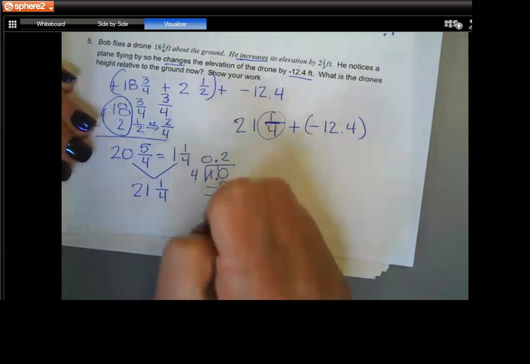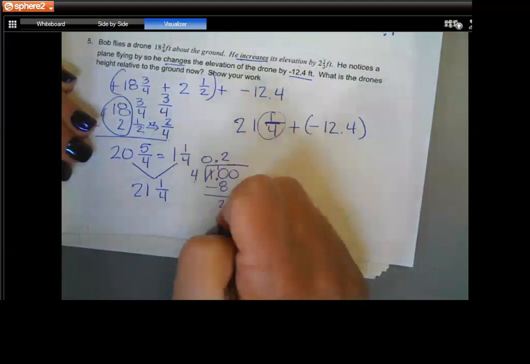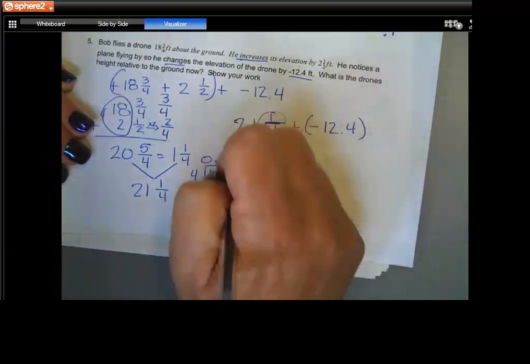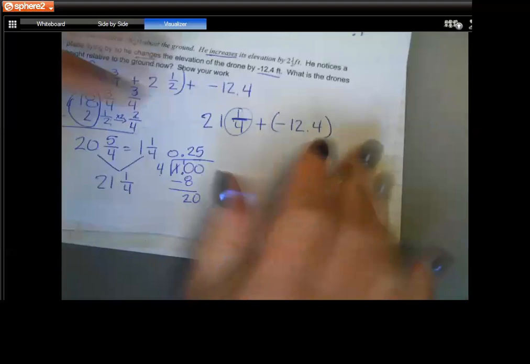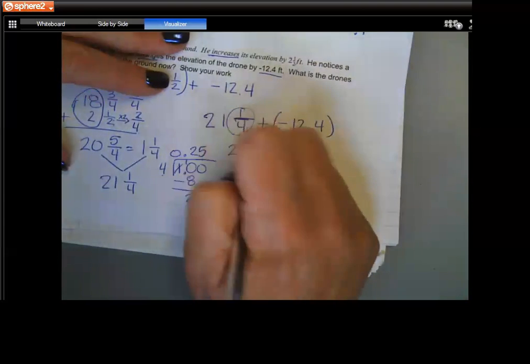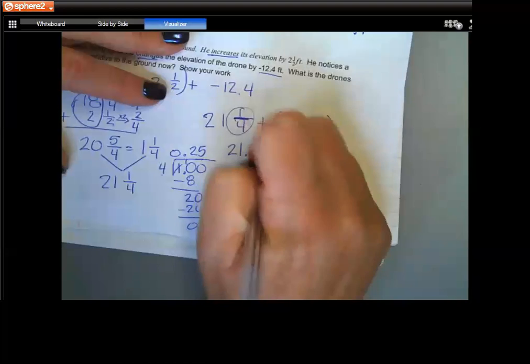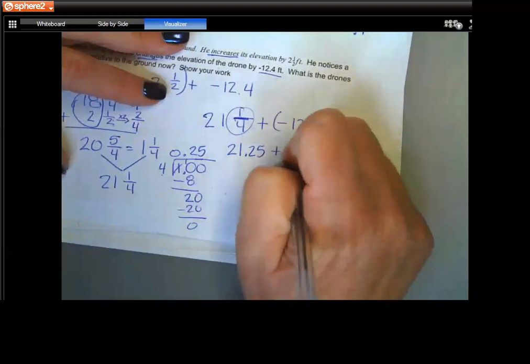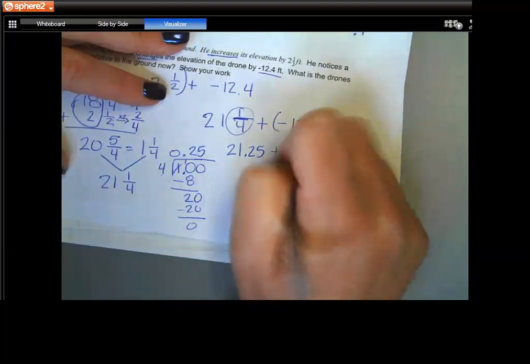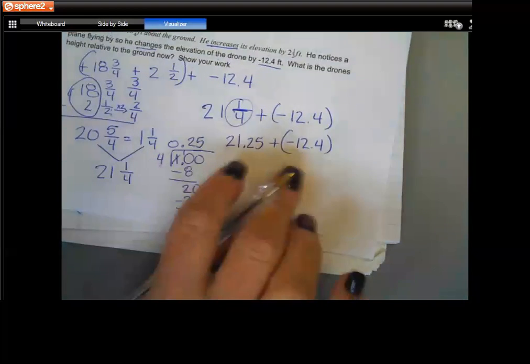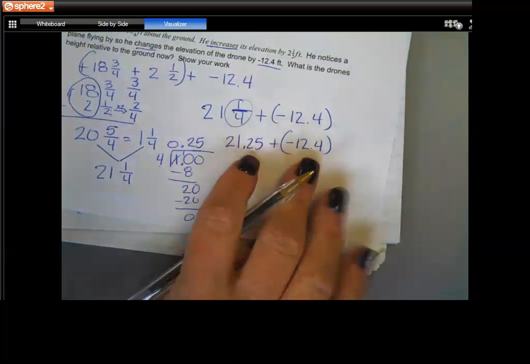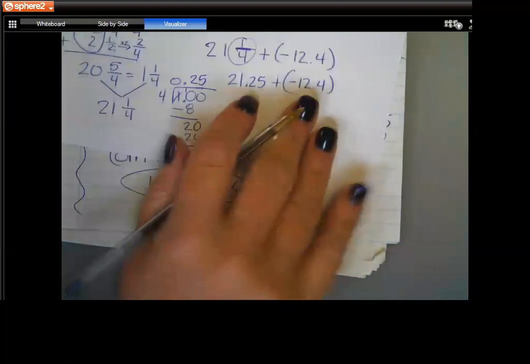Subtract, that's a 2, add another 0, bring it down. 4 goes into 20 5 times. So this is actually 21 and 25 hundredths plus negative 12 and 4/10. Now remember, when you add two numbers with different signs, you don't add them, you subtract.